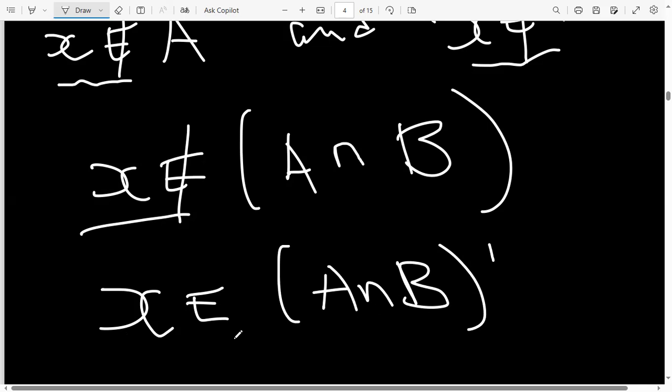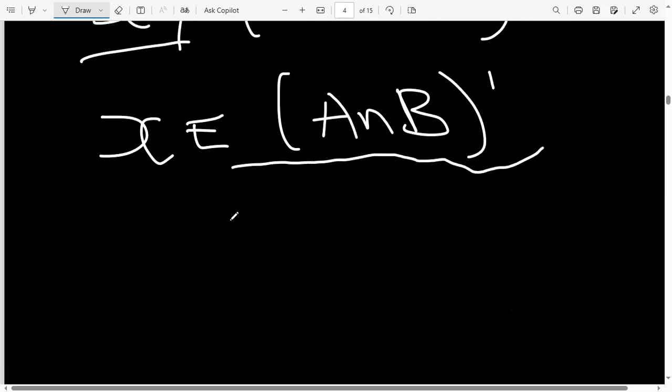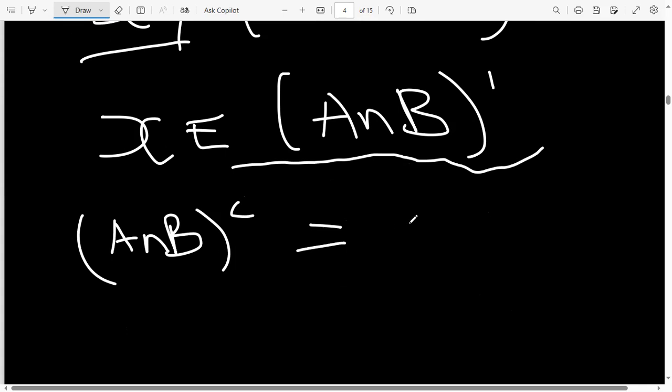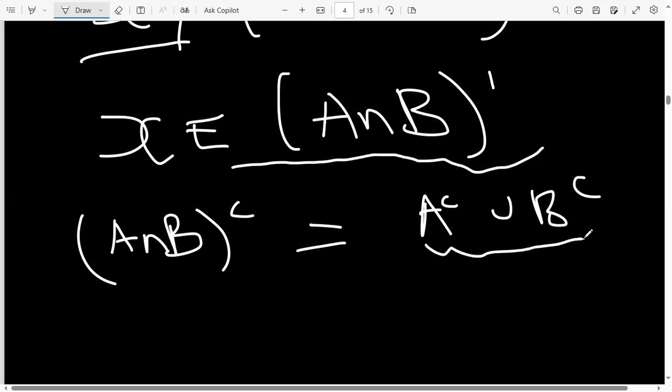So you notice that this is what we had on the right-hand side. Our expression was, on the left side, A intersection B complement, and this was equal to A complement union B complement. So we started with an X in this set, and we have ended with that same X being in this set.